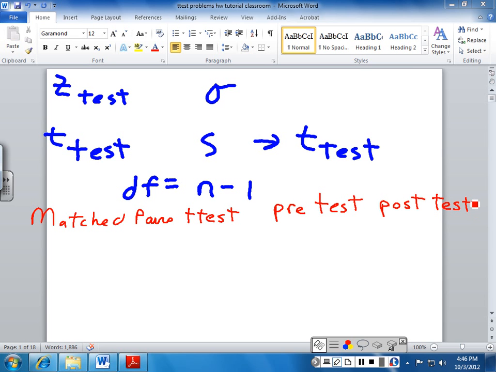So if we have pre-test scores of 3, 8, 9, and so on, and we have post-test scores of 5, 10, 14, what we'll do is let X equal the difference.